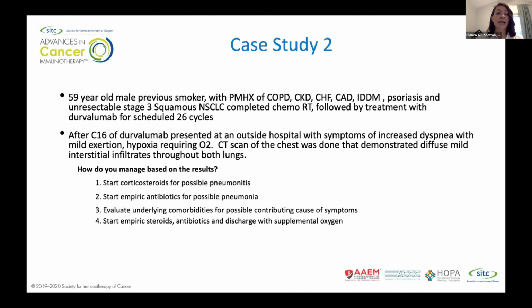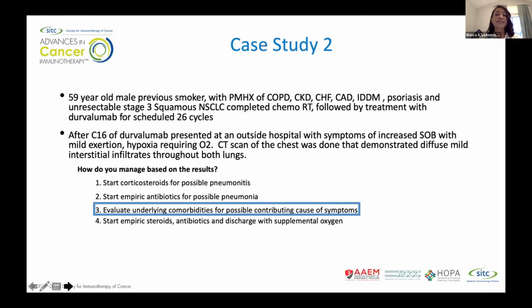The patient eventually made it to us. We did evaluate him, and had a CT of the chest. It did not show any immune-mediated pneumonitis. In fact, it showed that the patient was in cardiac failure, needed to have dialysis, had pulmonary edema, was fluid overloaded, and really his symptoms were all related to his underlying comorbidities.